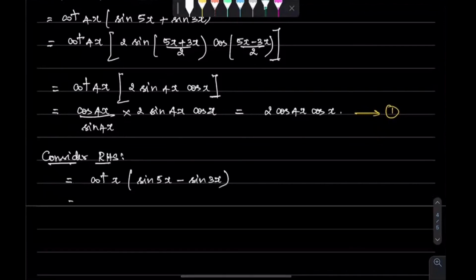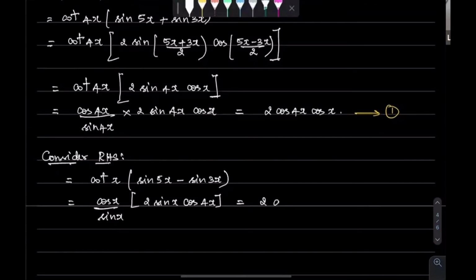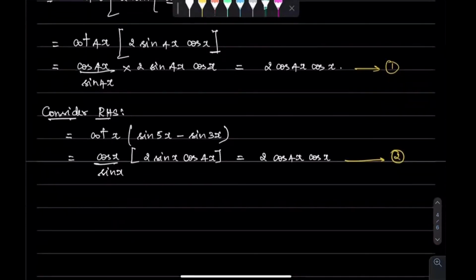You're getting the same, children? Yes, sir. So cos x divided by sin x into 2 cos 4x sin x, which can be rewritten as 2 cos 4x into cos x. Very good. So from 1 and 2 you can say they are equal.